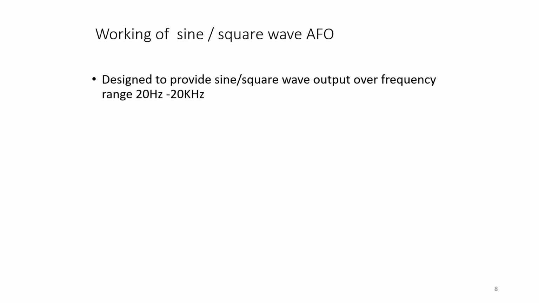It is designed to provide a sine or square wave output over a frequency range of 20 Hz to 20 kHz. Usually this audio frequency oscillator is used to test amplifiers in the laboratory to obtain the frequency response of audio frequency amplifiers.